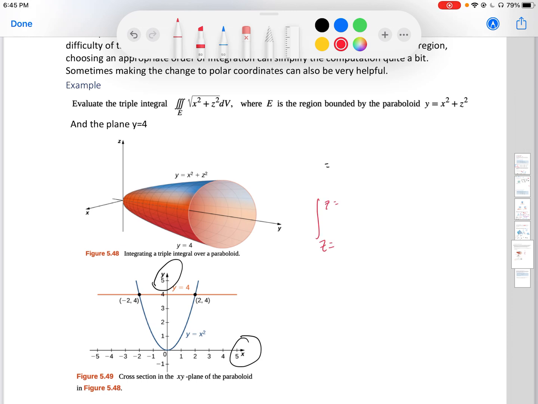If that's the case, we need to solve for z. Let's get z by itself. Let's move the x over. So I have 1 minus x squared, and we take the square root, so we need that plus or minus. This is telling me that I'm going to let z be positive square root of y minus x squared and negative square root of y minus x squared.